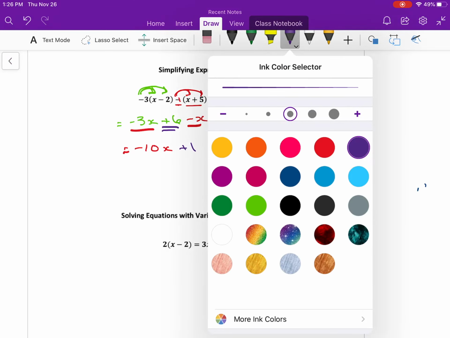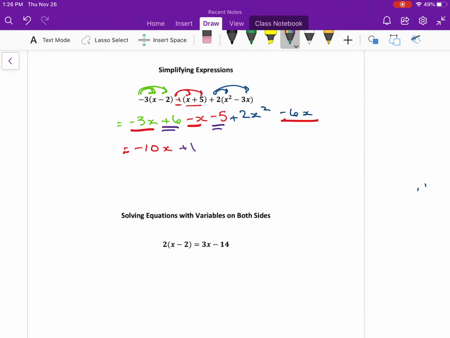And then this last one, we don't have any other x squared terms. We cannot combine it with the x's because they're not the same. So we have plus 2x squared. So you could just leave it like this if you wanted, or the proper way, or the textbook way, is to write your exponents in descending order. So either of those would be correct.